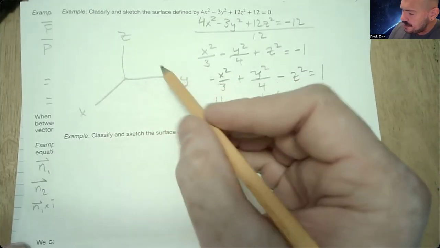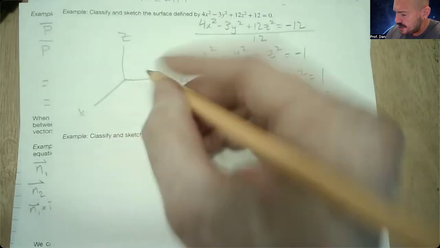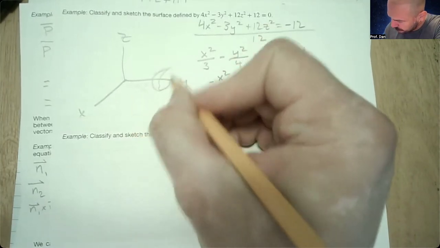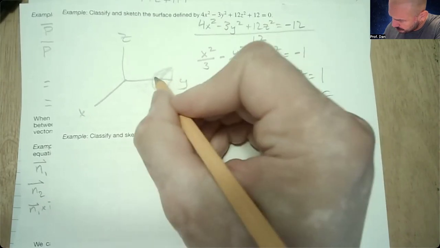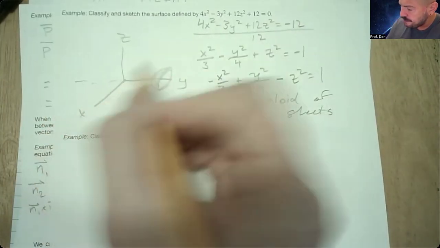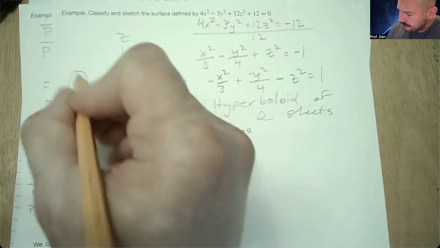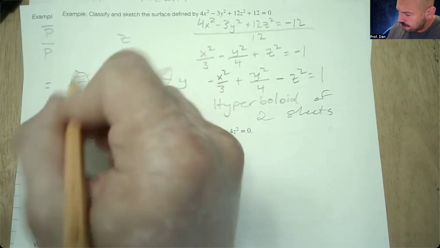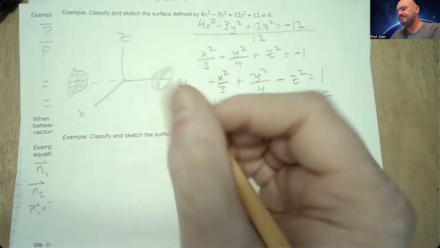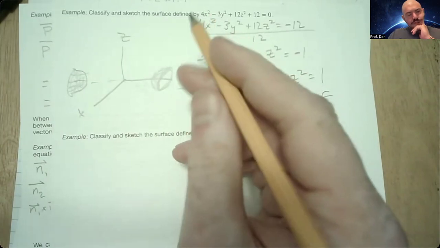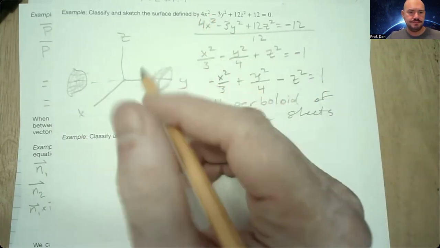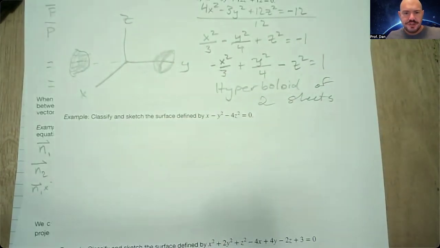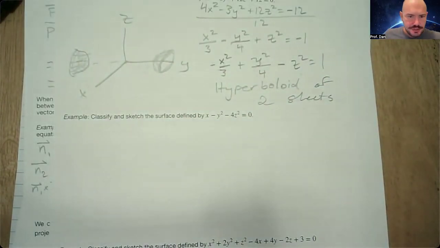I know that we're going to end up getting this kind of shape. So that's our hyperboloid of two sheets.